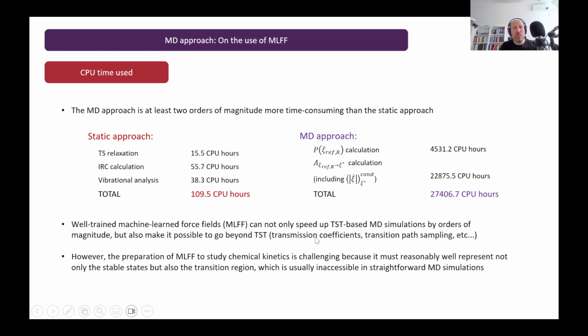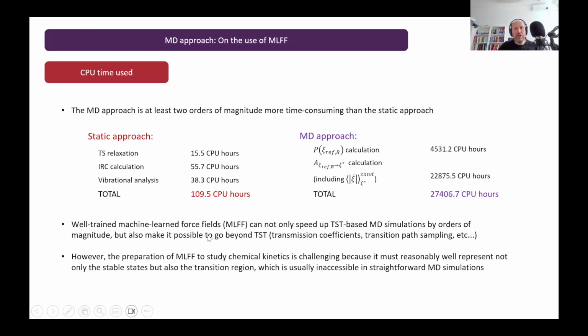Right? That's why we are so excited about all the developments in machine learning force field technology, especially the implementation of that into VASP. With that, we should be able, in principle, to accelerate transition state-based molecular dynamics simulations by orders of magnitude, making them as fast as static approach simulations are today.